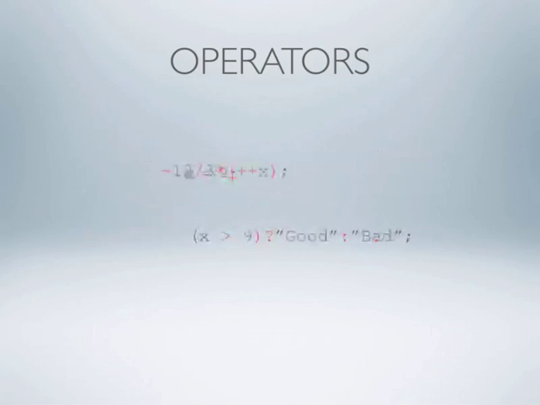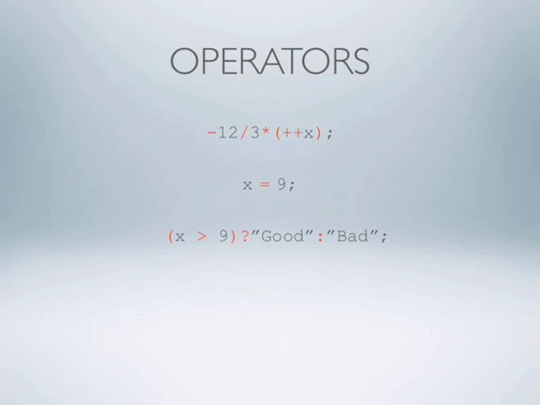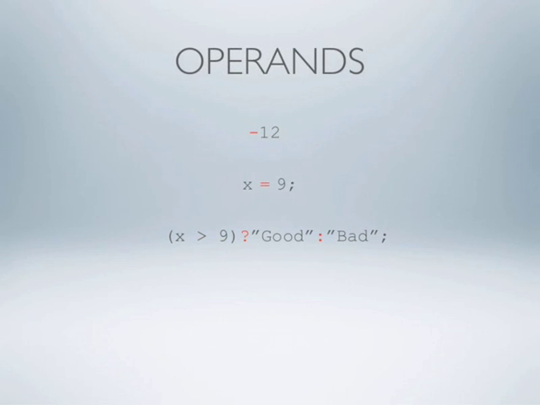To simplify this a little bit, let's cut down all of those different expressions and just look at these three, so that we can see a little bit more clearly exactly what's going on. The first one, -12, the second one, x = 9, and the third one, which is a bit longer, are of course all JavaScript expressions involving operators.